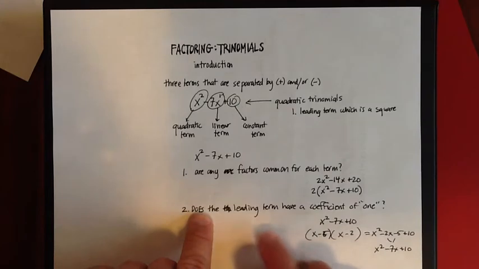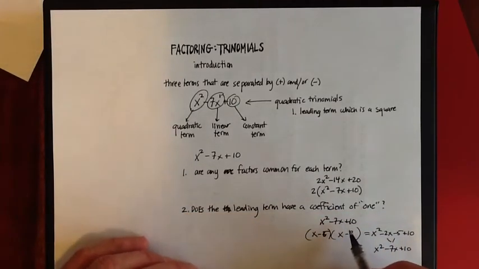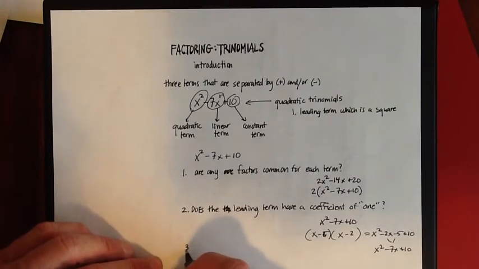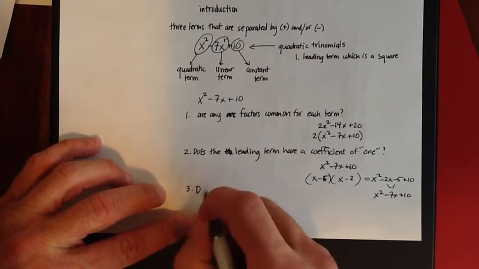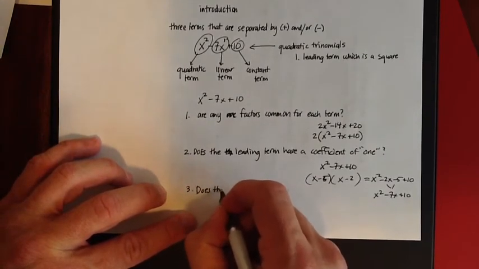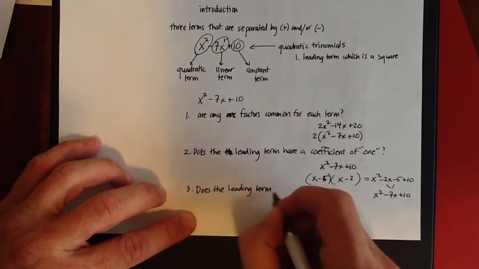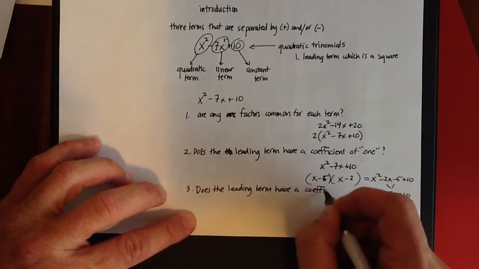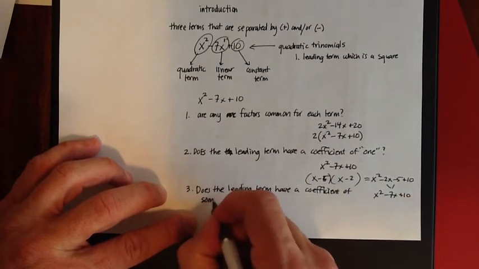So again, if the leading term has a coefficient of 1, you go immediately to the constant term and then go ahead and see if there's any factors that add up to the middle term. Okay? Now the third question that you want to ask is, does the leading term have a coefficient of something other than 1?